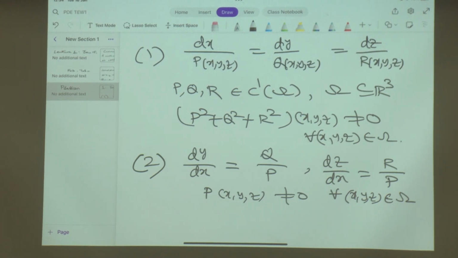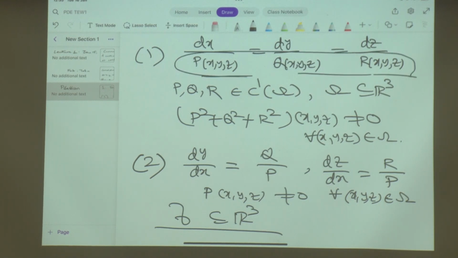So equation 1 is saying that they have a curve for which you have a tangent, right? It's a curve in R3. So imagine this is a curve sitting inside R3. In fact, in this example, it's sitting in omega. And what is prescribed, or what is given, is the tangential direction at any point on the curve gamma, which is PQR. So this is the tangential direction to a curve.